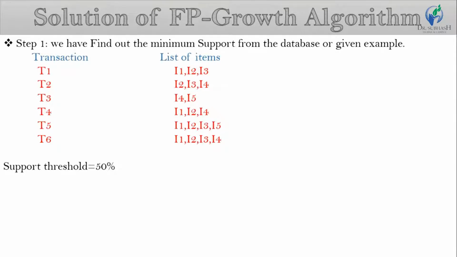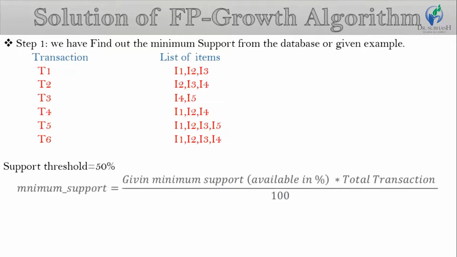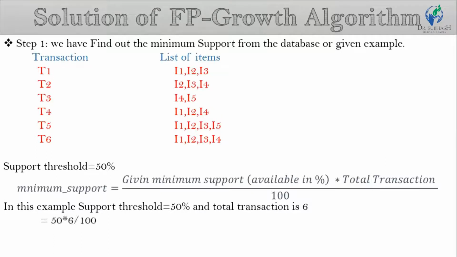So put those values in the equation: minimum support is equal to the given minimum support, which is available in percentage, times the total transactions. So minimum support is 50% and total transactions is 6. So 50 times 6 divided by 100. The answer is 3. So we can say the minimum support for this example is 3.